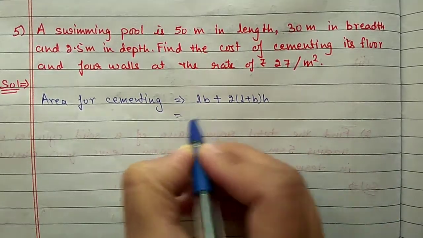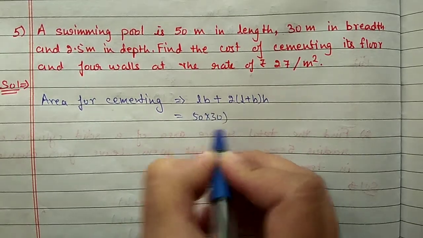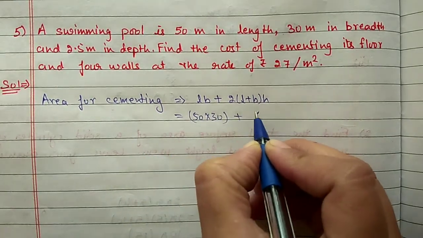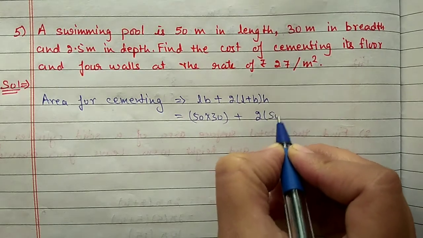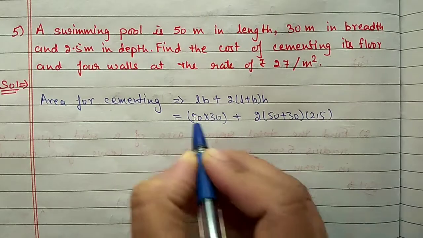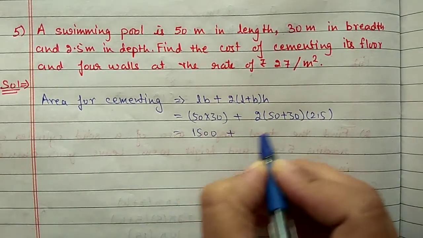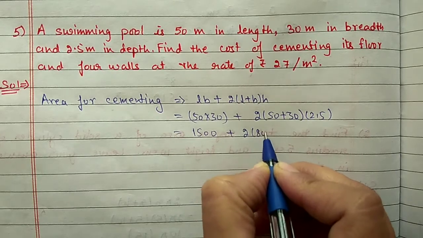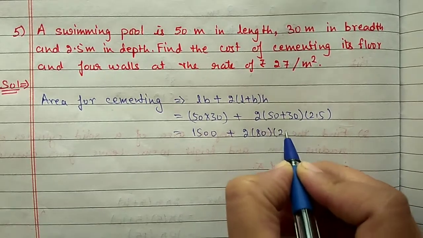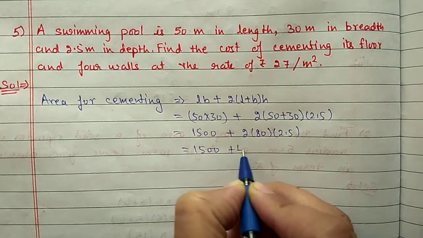Now we can substitute values here. Length is 50 meter, breadth is 30 meter. Then 4 walls: 2, length is 50, breadth is 30 and height is 2.5. Multiply this, we will get 1500, and here 2 into 80 into 2.5. After multiplication we will get 400.